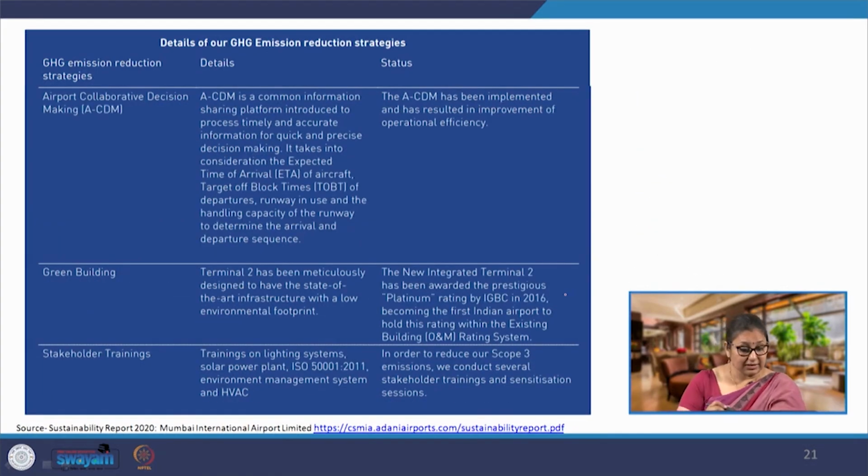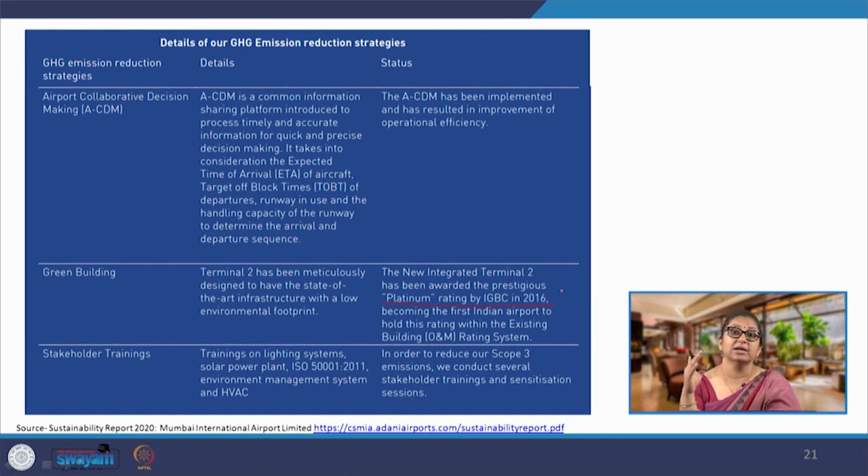Another thing that they have done is that they have designed the entire Terminal 2 building as a green building. The Terminal 2 building is a platinum rated building by IGBC, Indian Green Building Council, and it is consuming a significantly lower amount of electricity through design as well as construction. So, designing the building in such a manner that it requires less electricity for artificial lighting, for HVAC, for commuting of passengers.